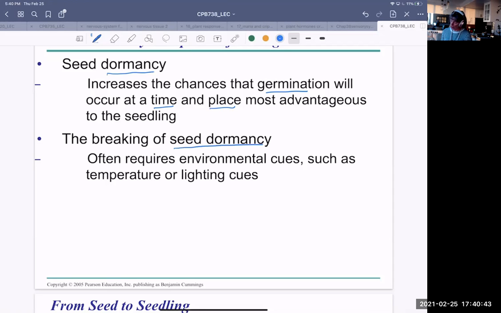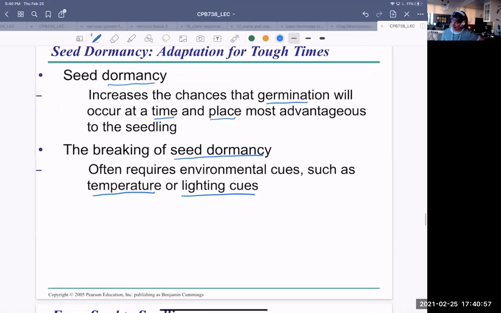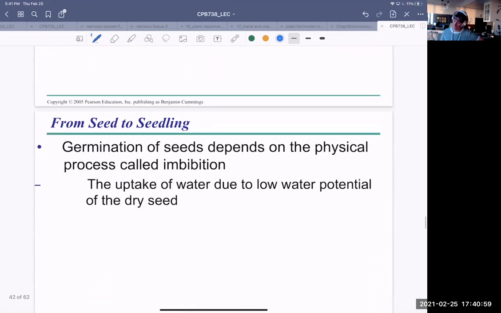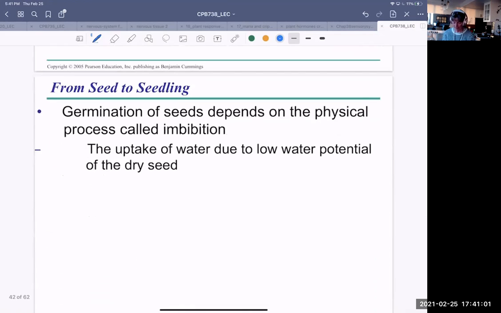So to break that dormancy, there must be environmental cues. So often it's temperature. So they'll germinate in the spring, for example, when it gets to be warmer, or lighting cues. So that's an example of photoperiodism. And then they grow. So if they germinate, which they do with imbibition, that's the uptake of water.